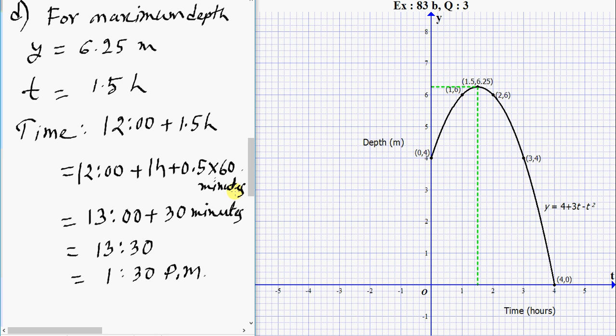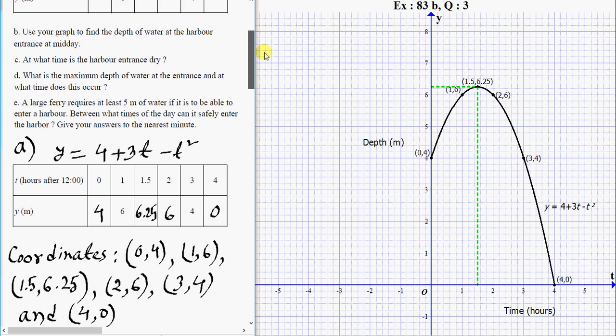Then question number E. A large ferry requires at least 5 meters of water if it is to be able to enter a harbor. Between what times of the day can it safely enter the harbor? And we have to give the answers to the nearest minute.